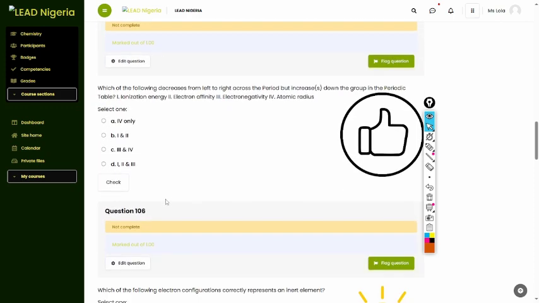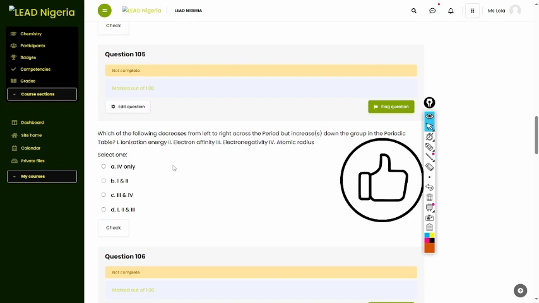The next question. Which of the following decreases from left to right across the period but increases down the group in the periodic table? Okay, so which one decreases from left to right and increases as you're going down? Ionization energy increases from left to right but decreases down the group, so it's not ionization energy.